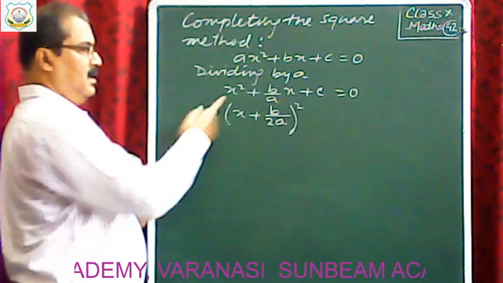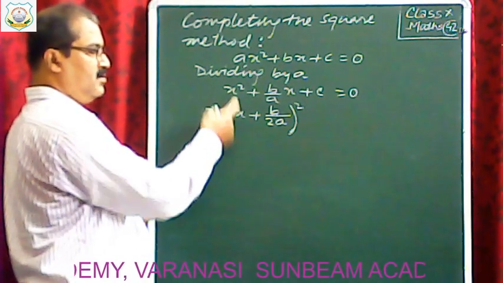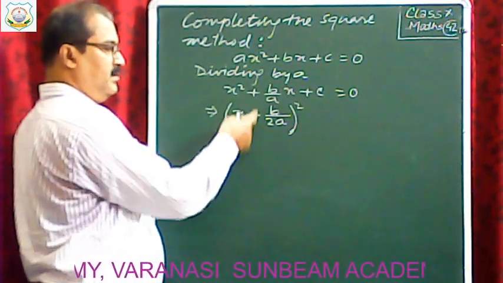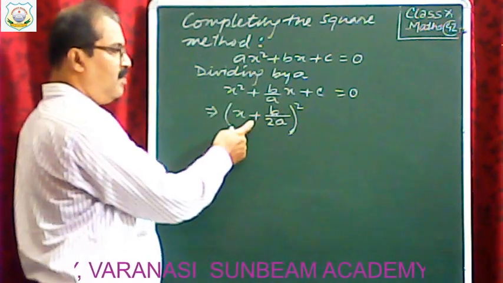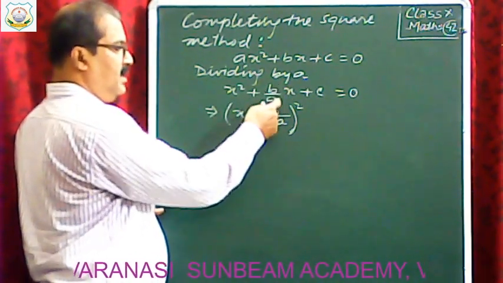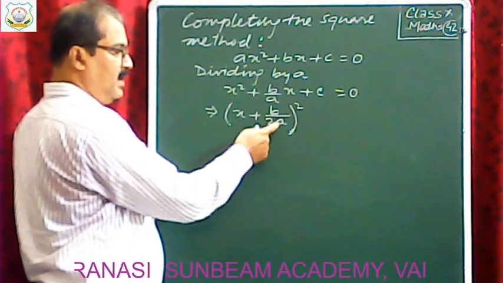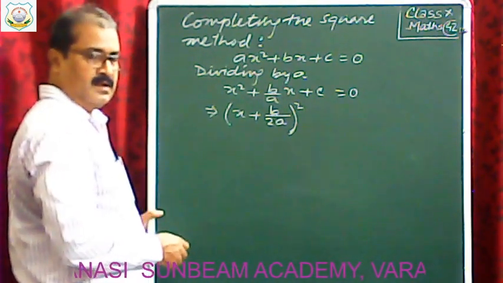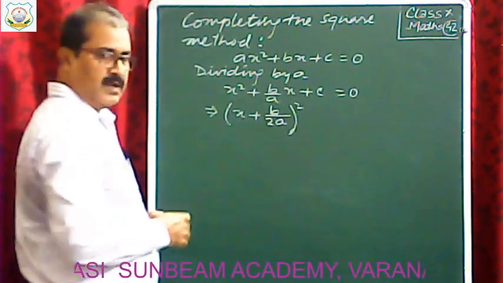X square is given, in place of x square you have to write x, plus is given then plus, minus is given then minus. You have to follow the coefficient of x, b by a you have to write, and you have to multiply the denominator by 2 always, and thereafter make it a whole square.